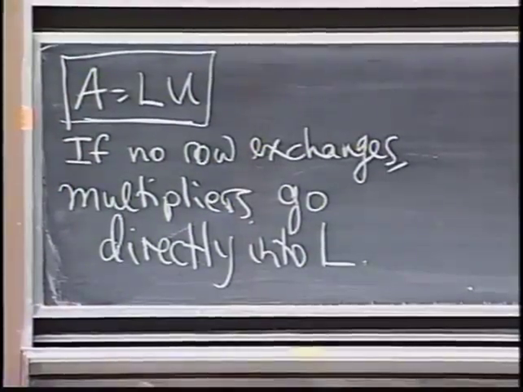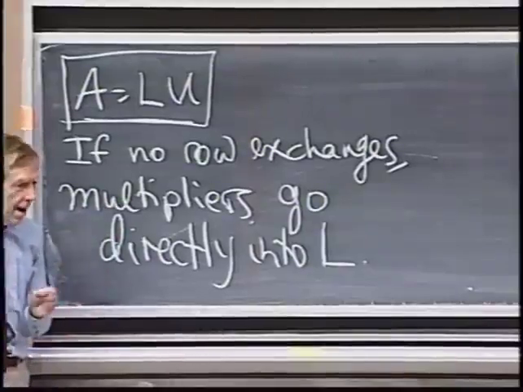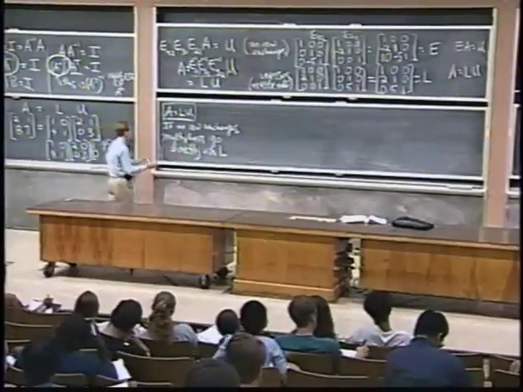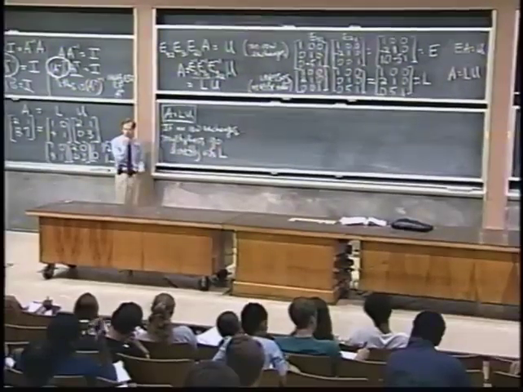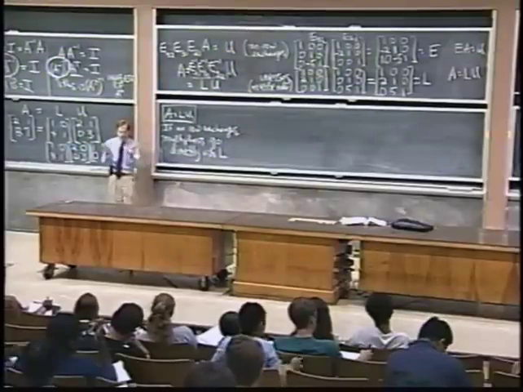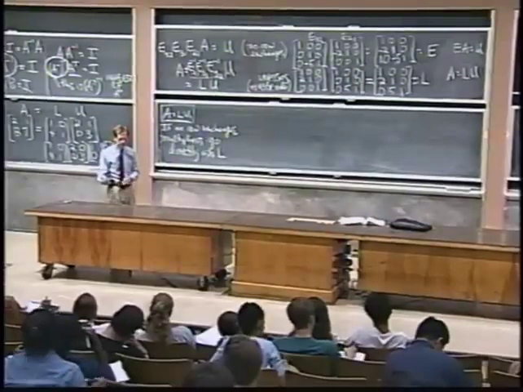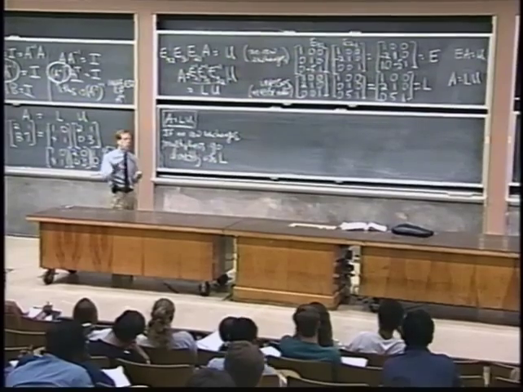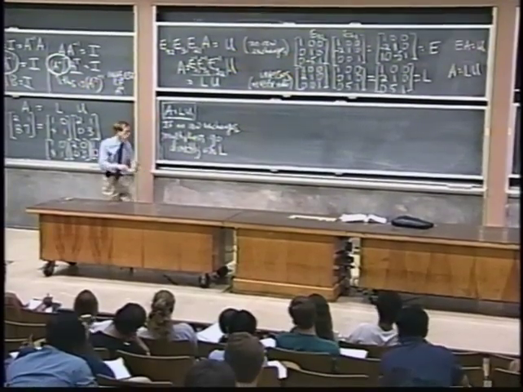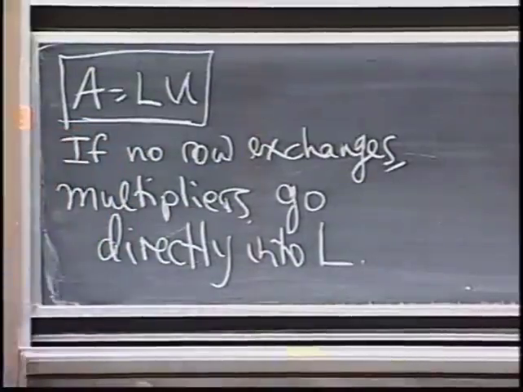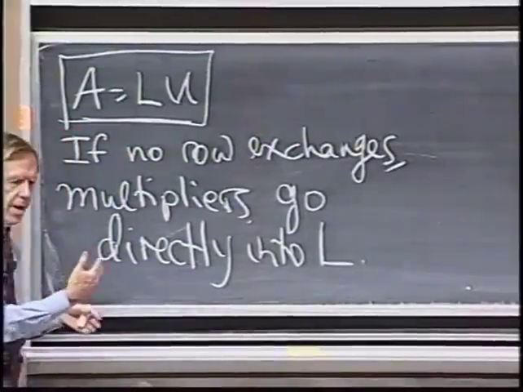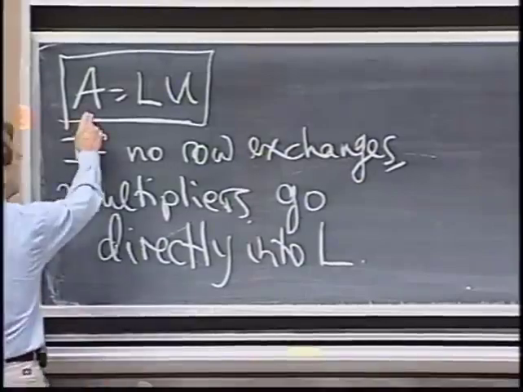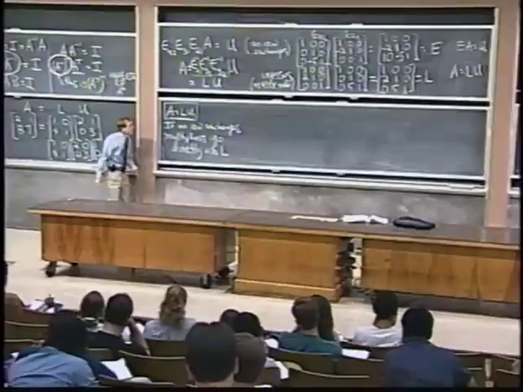You go through the elimination steps, and actually, if you do it right, you can throw away A as you create L and U. If you think about it, when you've finished with row 2 of A, you've created a new row 2 of U, which you have to save, and you've created the multipliers that you used, which you have to save, and then you can forget A. Because it's all there in L and U.